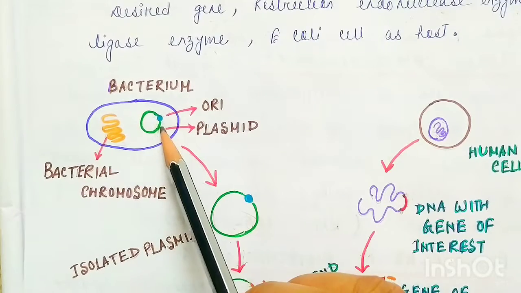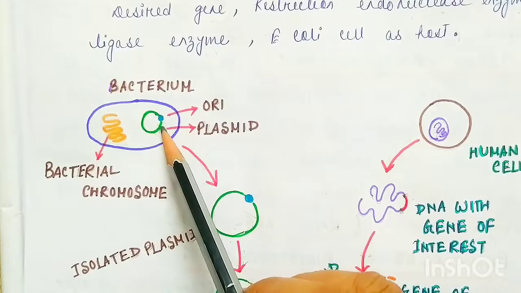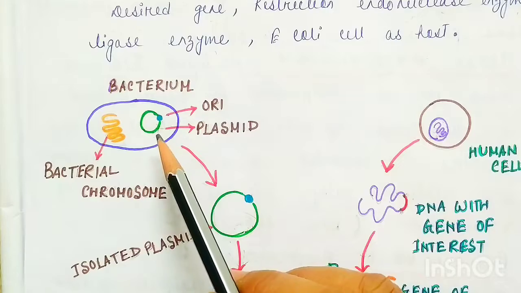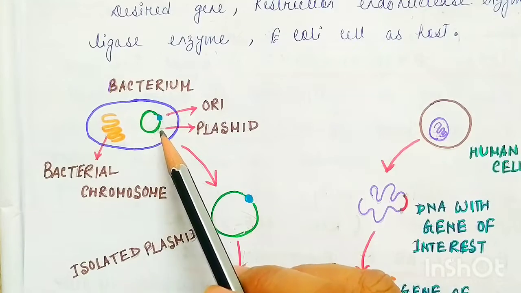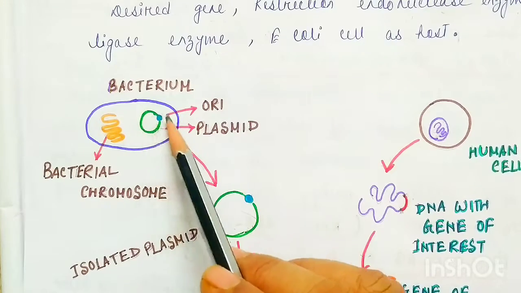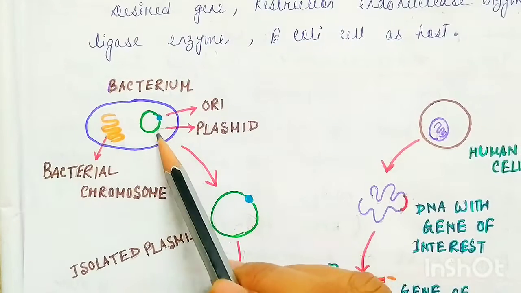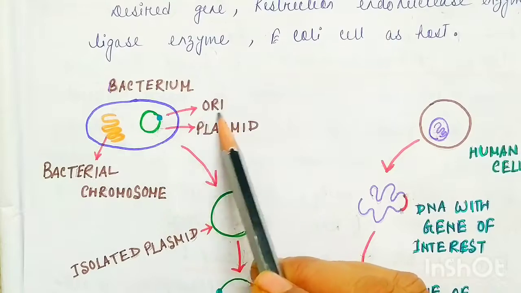This is the plasmid. So what is a plasmid? Plasmid is a self-replicating extra chromosomal genetic material, meaning this genetic material has self-replicating capacity, since in the plasmid ori is present.